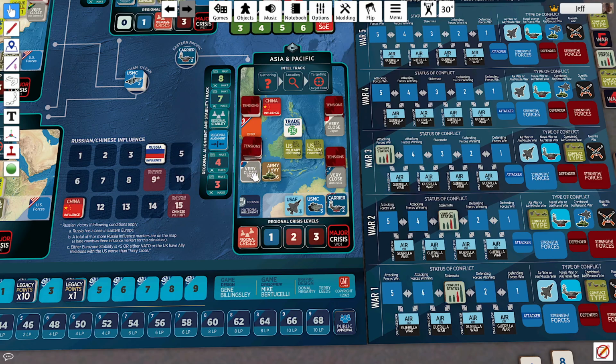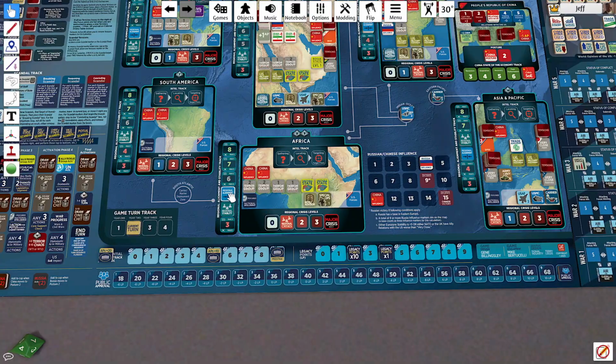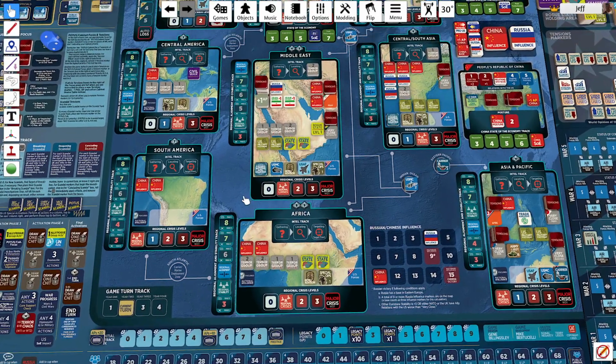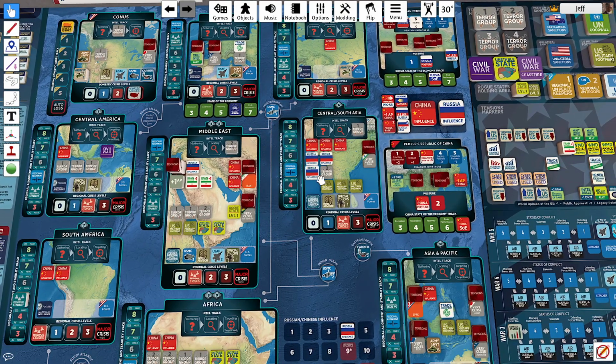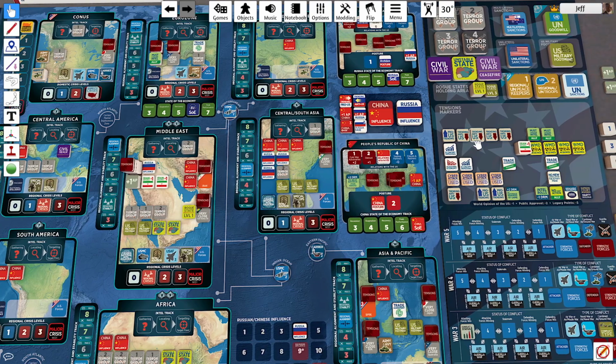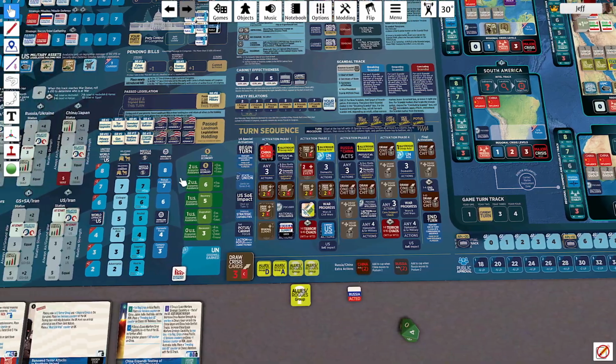I'm going to put that next to it. And then we're going to put a pro-US. I mean, some of these are pretty low. But we need to get rid of all these influence markers, so we're going to put it right there. The ranger's dead. Just like that.